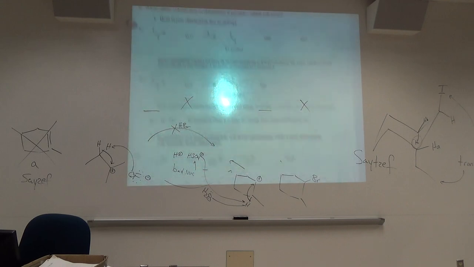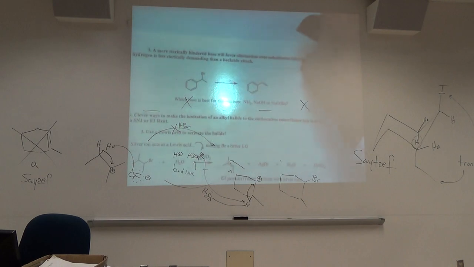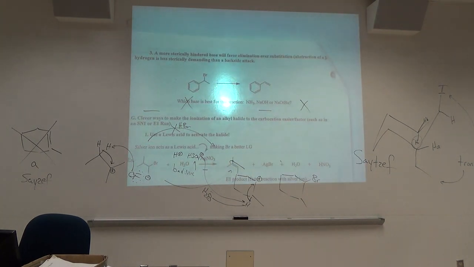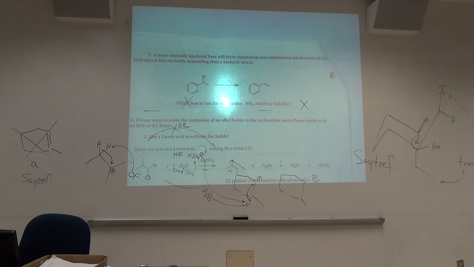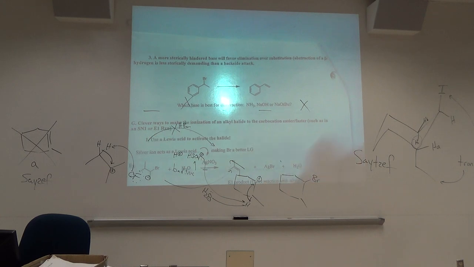And I keep showing you things that are on the paper already. Okay, let's at least look ahead at these. There's a few more miscellaneous points. Very important. One of them is the silver ion, which we used in lab last week.